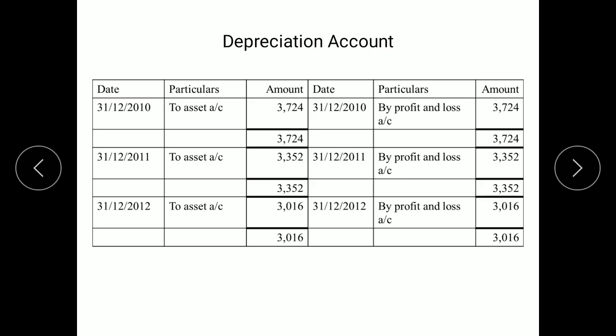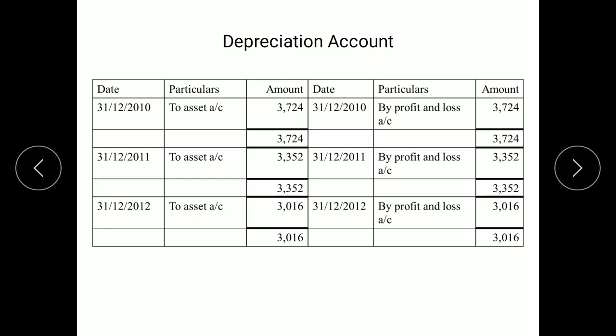Next, depreciation account. In the depreciation account, the entries will come at the end of the year, 31st December 2010. The first entry on the debit side to asset account, that is when the depreciation is provided or charged on the asset. So first year's depreciation 3,724. This depreciation account amount will be transferred to the profit and loss account.